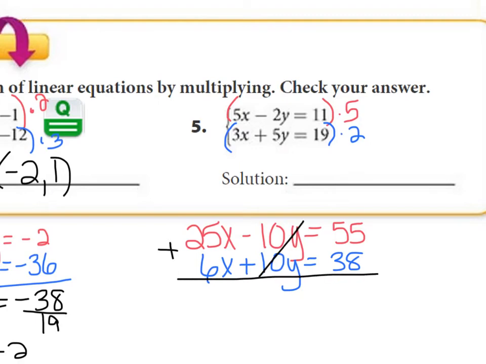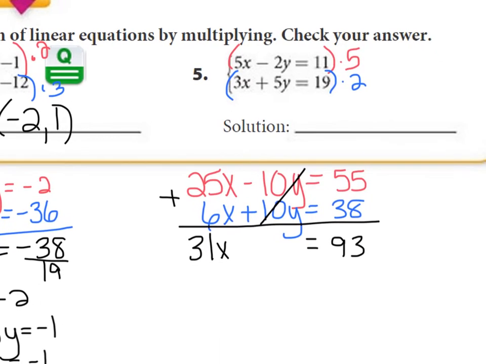Y's cancel. 25x plus 6x is 31x. 55 plus 38 turns into 93. To solve for x, divide by 31. Your x should have equaled 3.